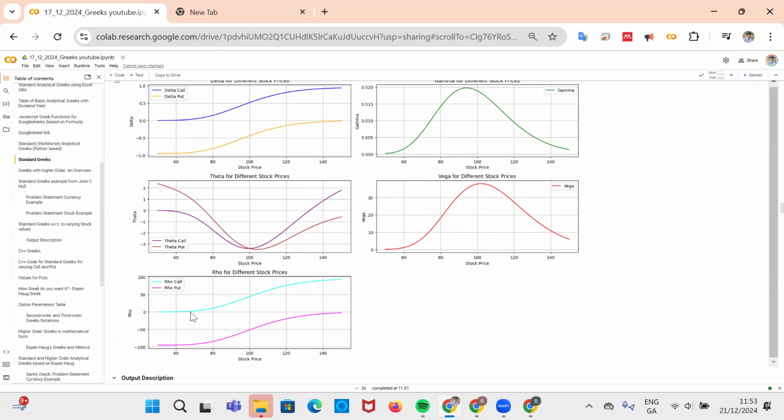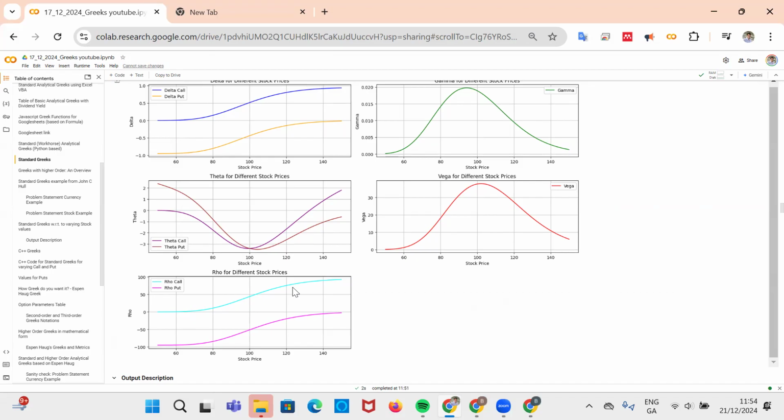For Rho, again, as we increase the interest rate, right, if we take the case of the call option, if we consider the effect of increasing the interest rate, it's to discount more heavily the exercise, which increases the value of the option.